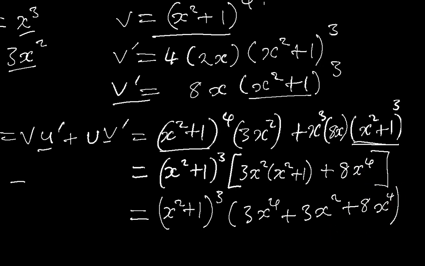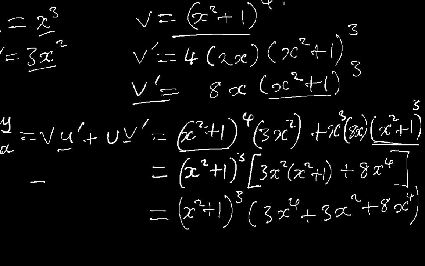Okay, so the other thing that we have here is, we can just copy them down like that. Then here we can add this part, 3x to the power 4 and 8x to the power 4.